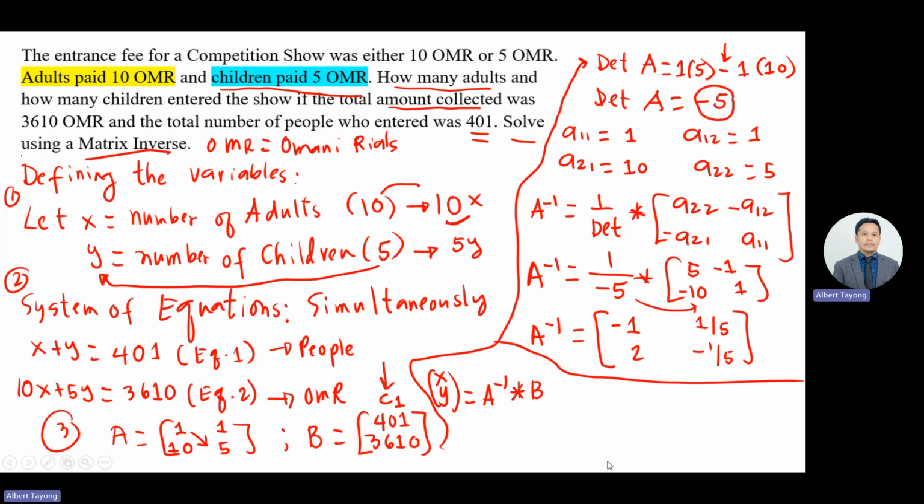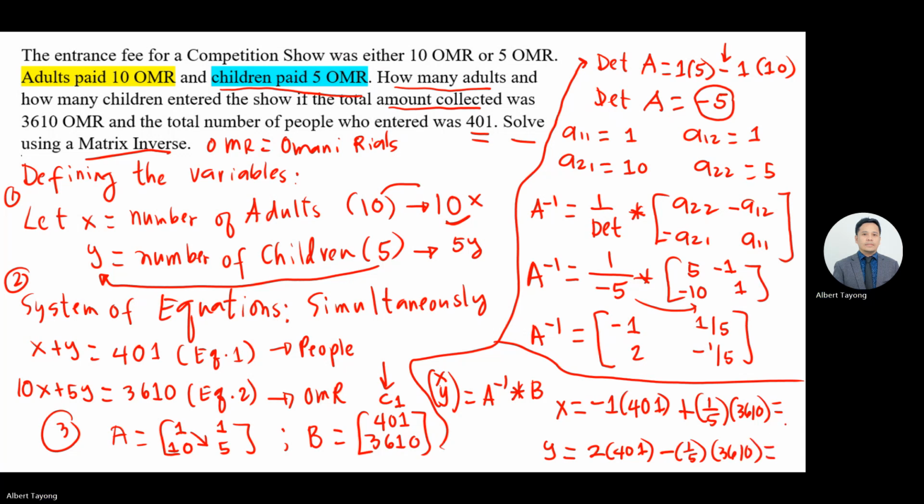In matrix B, our x is basically the first row times our B. So -1 times 401 plus 1/5 times 3610. And our y is equal to the second row, 2 times 401 and -1/5 times 3610.